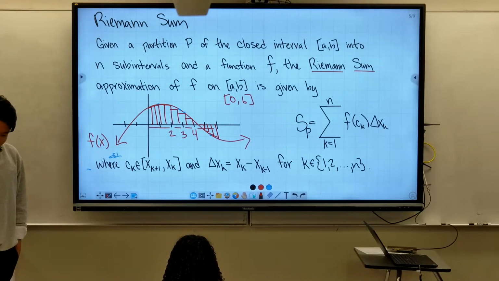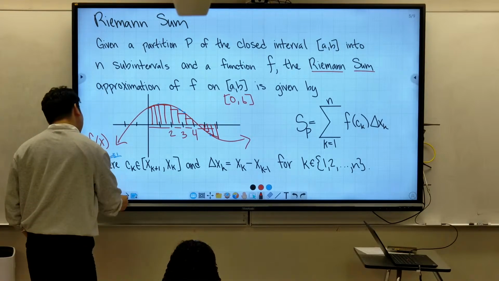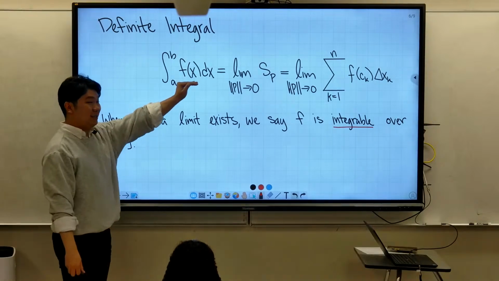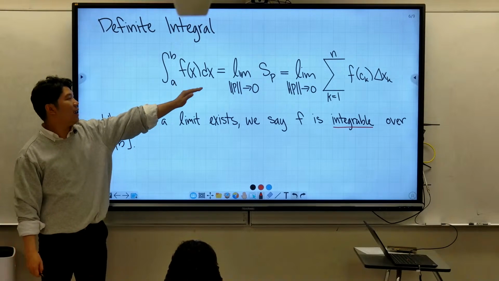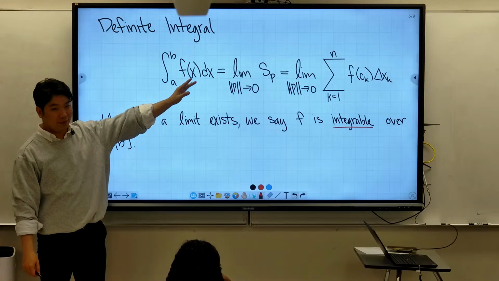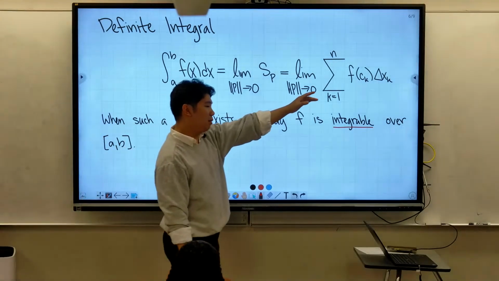Now, I'm going to finally tie everything I mentioned here into a definite integral. The formal definition of the definite integral, it looks like a terrible mess. The definite integral is the limit as the norm of the partition goes to 0 of that Riemann summation. And the Riemann summation was this.